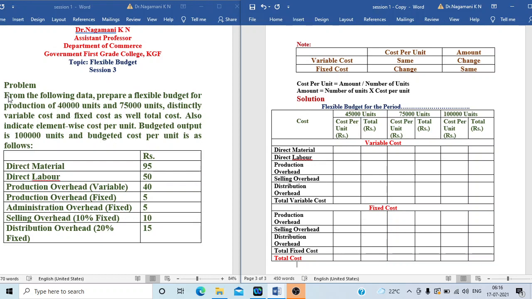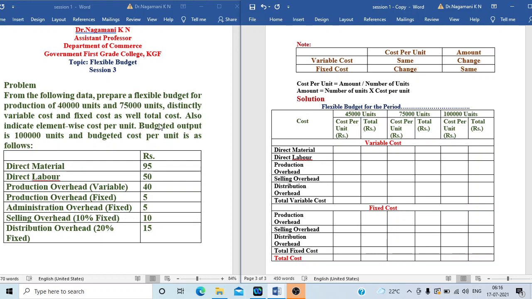First, look at the problem from the following data. Prepare a flexible budget for production of 40,000 units and 75,000 units. Distinctly show variable cost and fixed cost as well as total cost.